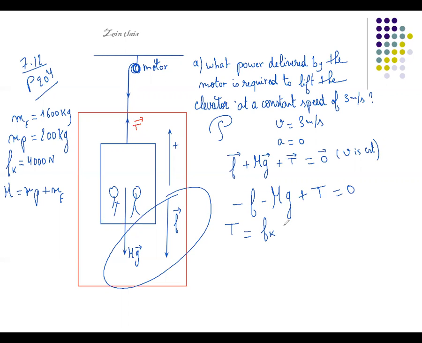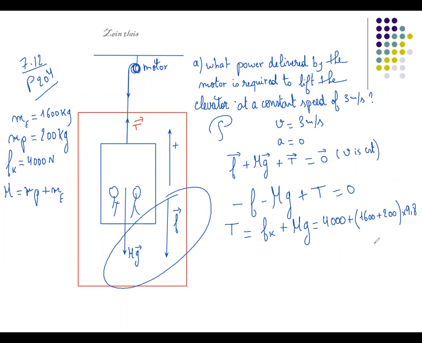T equals F kinetic plus mg, equals 4,000 plus m total, which is 1,600 plus 200, times g, 9.8.